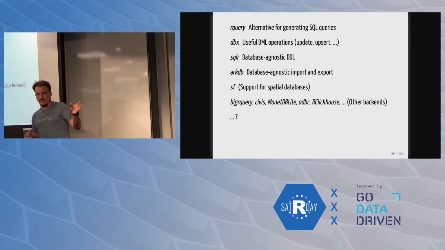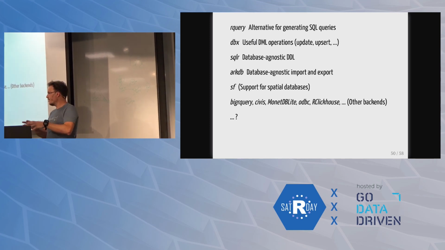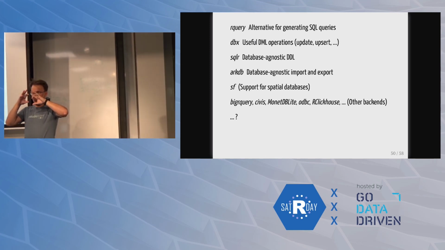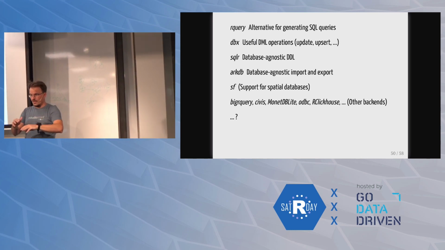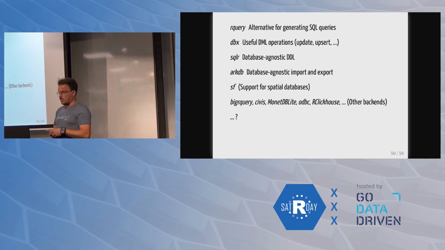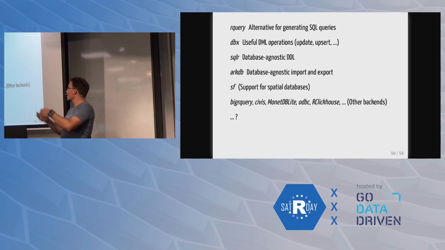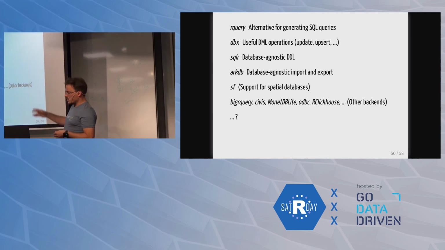Things like inserting, deleting. Upsert has been asked for very frequently, so this is where you update only part of a table with new data that's linked with keys in an input data frame you give to the system.